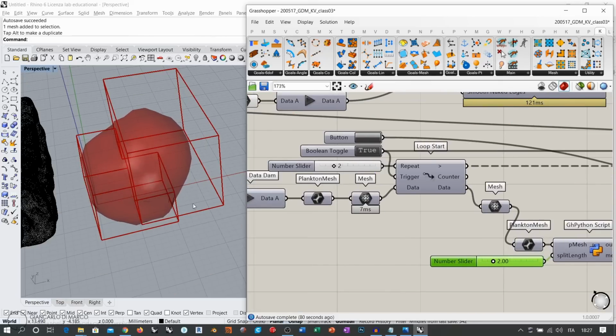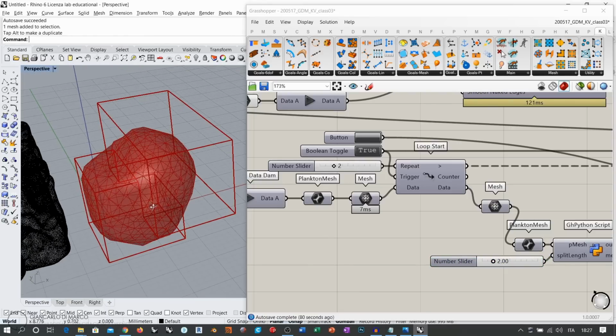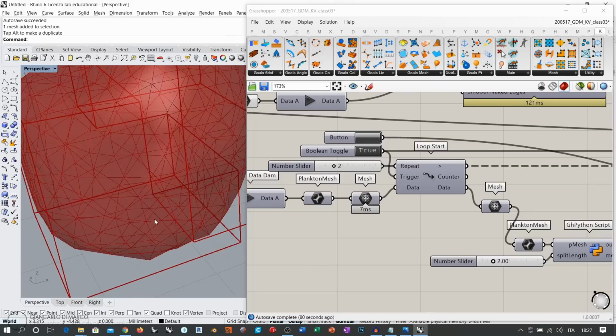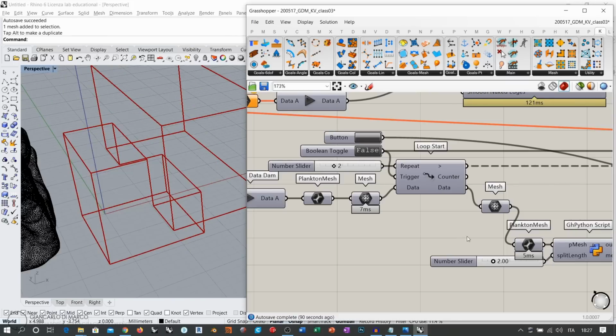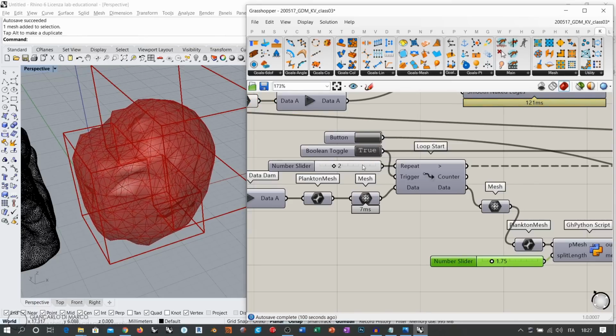I think 2 is too much, because it doesn't succeed in subdividing these edges, but I think we are not too far. So eventually let's try with 1.75. I should measure once again the length, but let's do some trial and error.